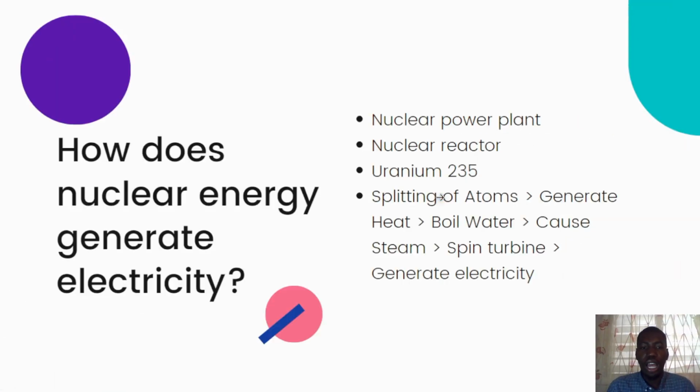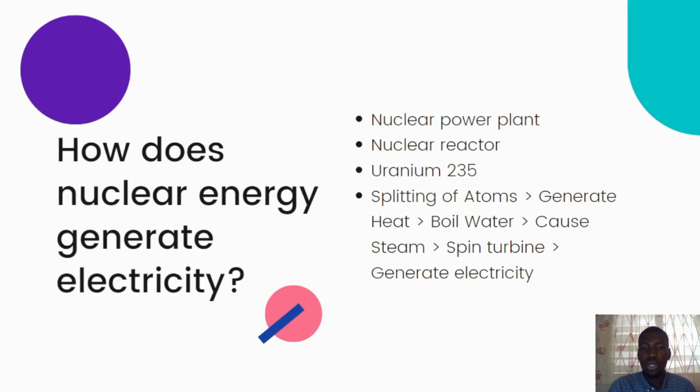So, this brings us to the question, how does nuclear energy generate electricity? There are structures called nuclear power plants, which house a nuclear reactor. The fuel used in nuclear reactors is typically uranium. In other instances, plutonium may be used, but uranium is the most common fuel.